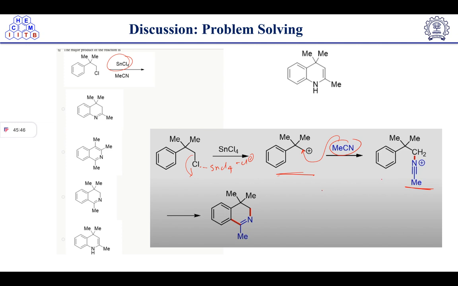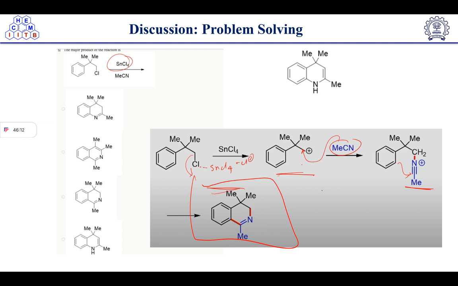After this one, the benzene ring will trap the electrophilic center here and form this type of product.